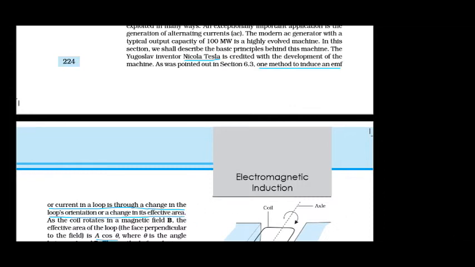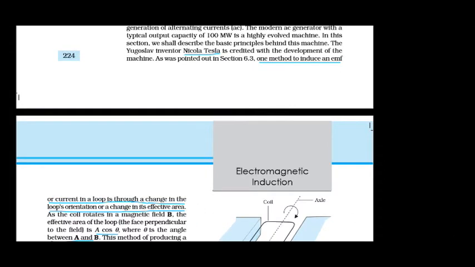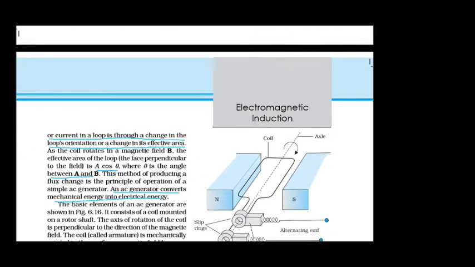This is the basic principle for the AC generator. Now, as the coil rotates in the magnetic field B, the effective area of the loop is A cos theta, where theta is the angle between A and B. A is the area and B is the magnetic field.